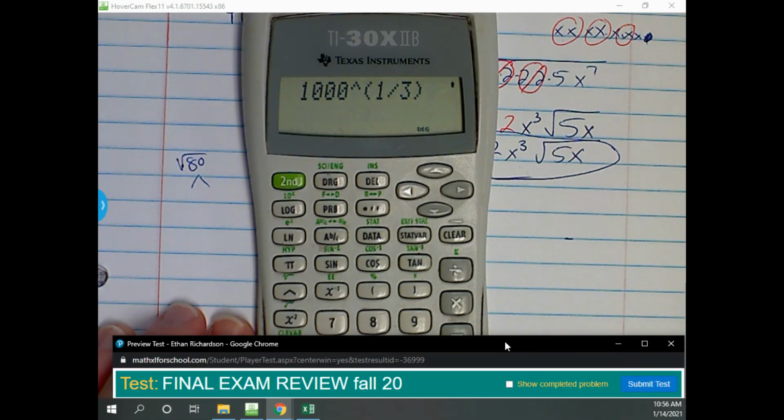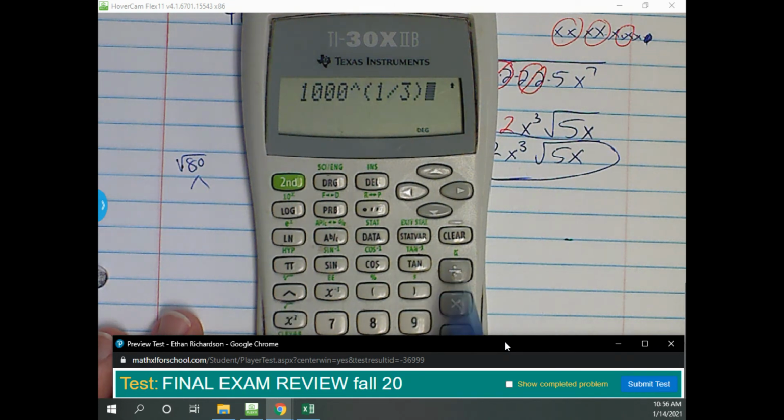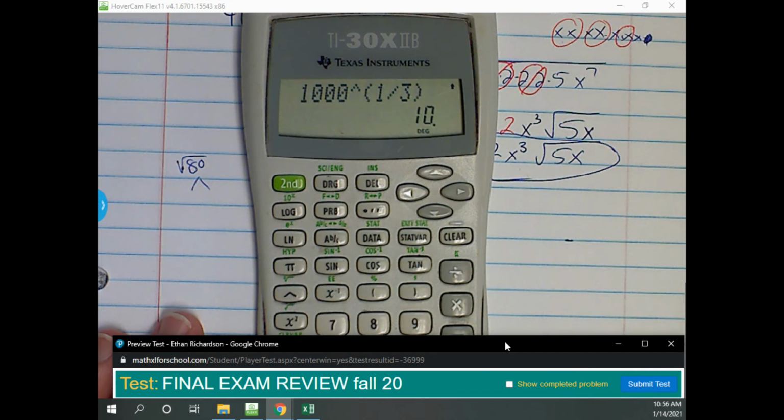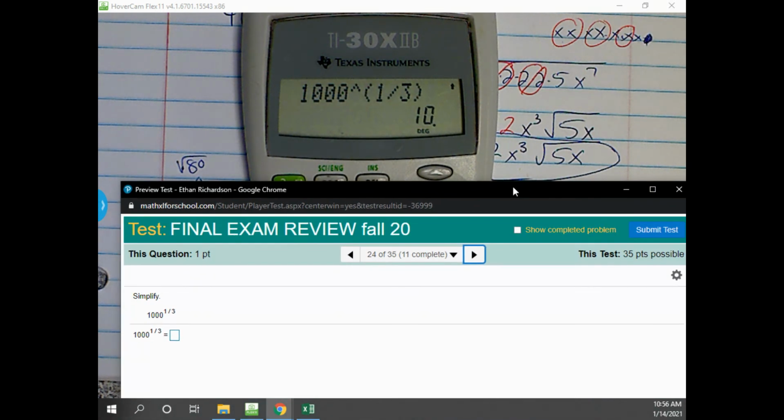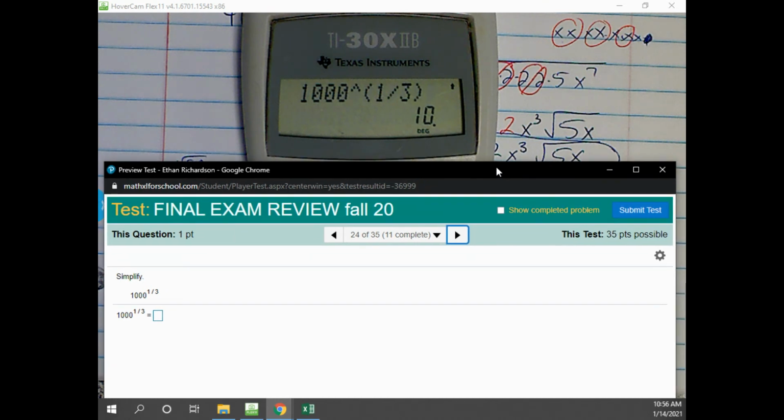So there's your rooftop button and there's your divide button. Hit that and it tells you the answer is 10. And those numbers should come out to be just, sometimes it might be a fraction, but once you punch these numbers in, it should be just whatever that number is going to be.